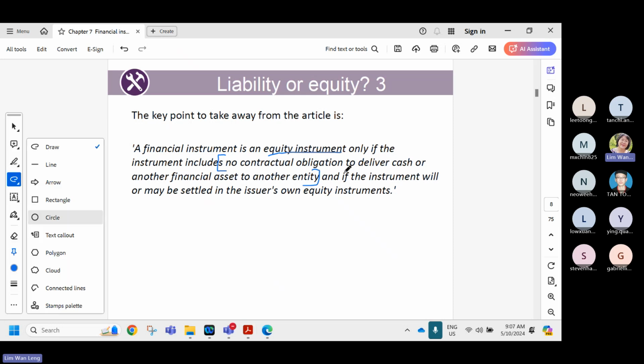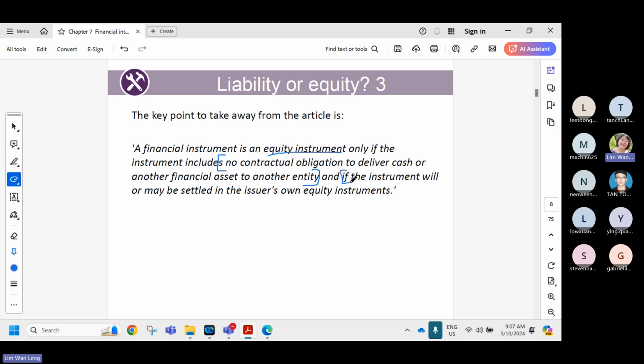And the other part is if the instrument will or may be settled in the issuer's own equity instruments. That means you either issue your own ordinary shares to settle. Sometimes it is a bit difficult to explain the equity instrument.